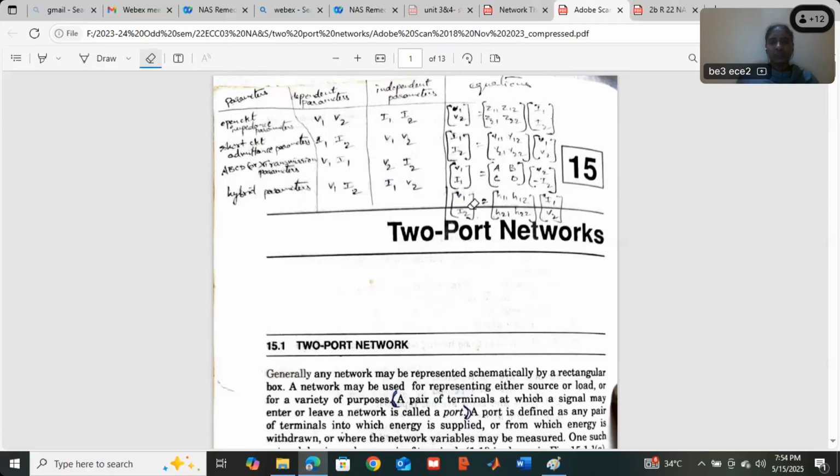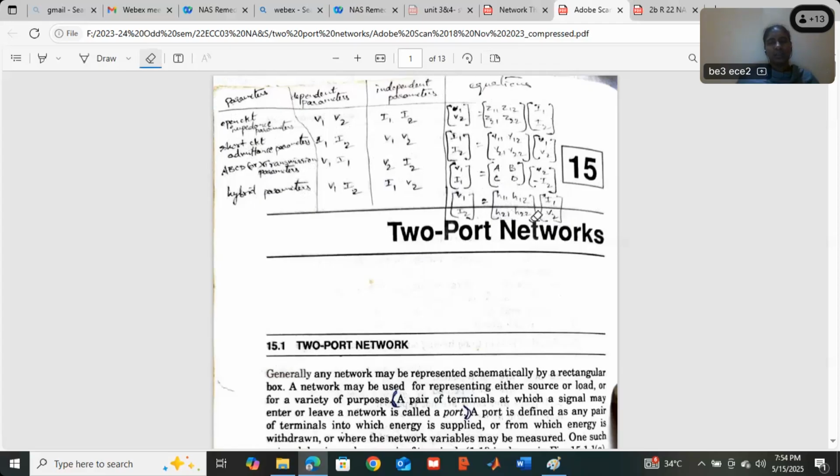Now coming to the last one, H parameter. See the matrix form, we have two equations again. One equation is for V1, the other for I2. For V1, row into column: H11 into I1 plus H12 into V2. This is the first equation. The second equation, the I2 equation, is this row into column: H21 into I1 plus H22 into V2.